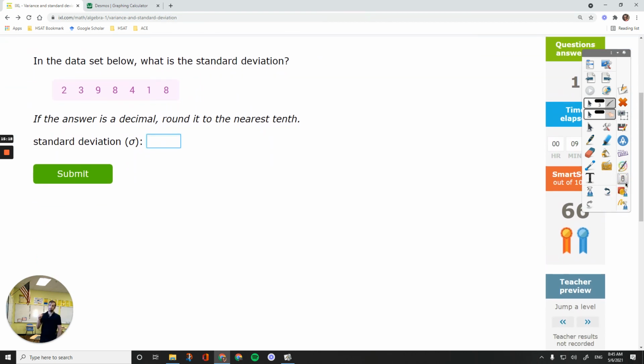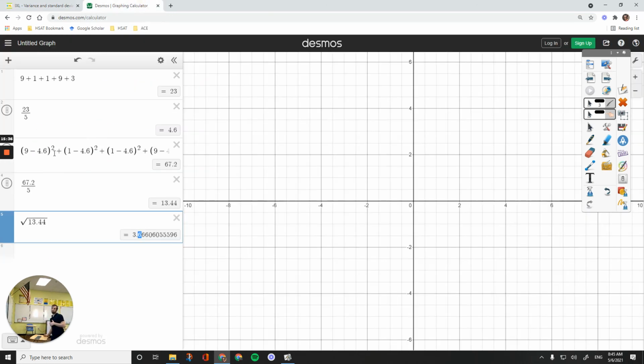For this assignment, you find the mean, the average of the numbers you have. Step 2 is subtract the mean from each of your numbers and then square them. Let me just put Desmos over here to explain it better. And then square them, add them all together.